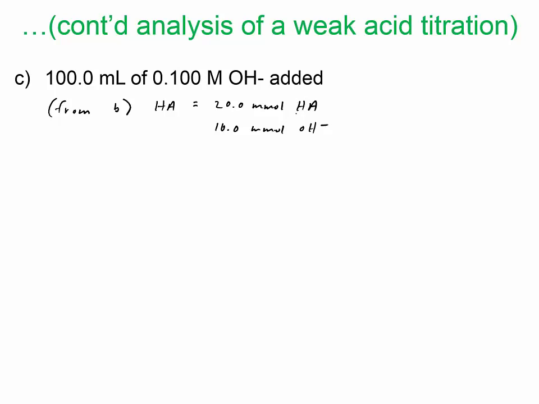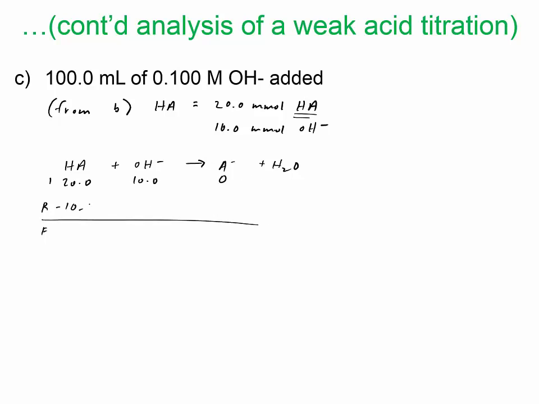You're going to get half of this consumed if you think about an ICE table in your head right now. So we have HA plus OH, and you're going to get A minus and H2O. So this is 20, this is 10, this is 0. This doesn't matter. So minus 10, and then we have 10 left over. This gets fully consumed, and this goes up by 10. So we have 10 and 10. We have a 1-to-1 ratio now of the conjugate pair.